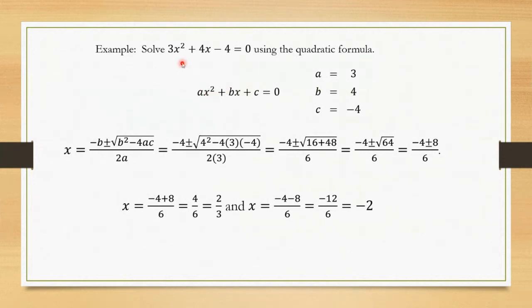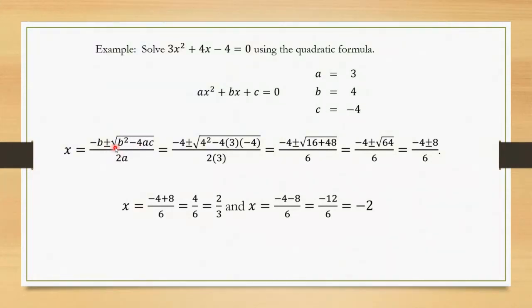A is the leading coefficient, your b is the coefficient of x, and your c is the constant term, the term with no variables. But again, you want to include the minus sign if it's there, as you can see. Let's plug it into the formula, right?